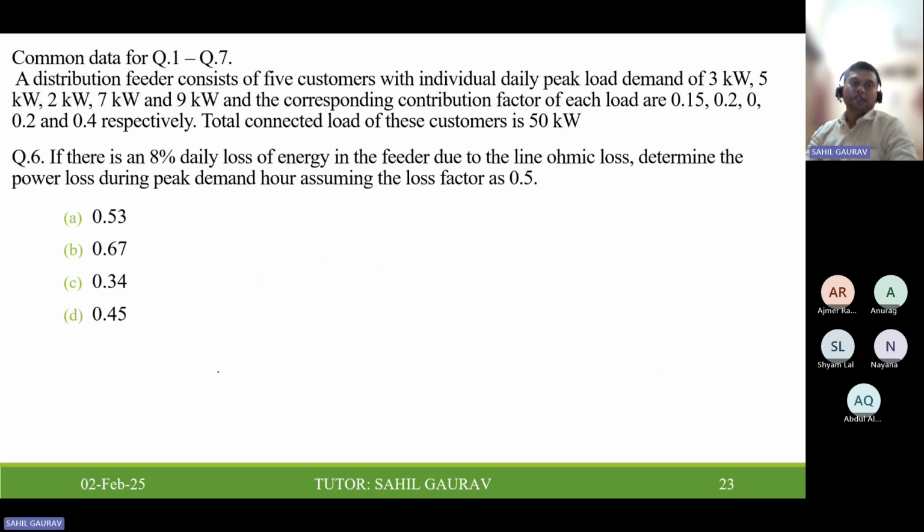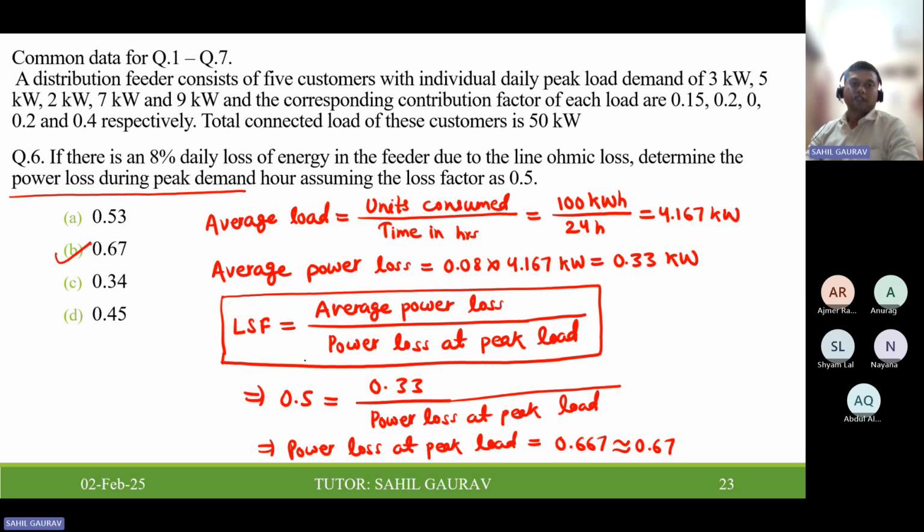Now in the next problem, they are asking about the power loss during peak demand. So we use the loss factor. We know that loss factor is average power loss upon power loss at peak load demand. Average power loss we can find from the unit consumption. It is given as 8% daily loss of energy.